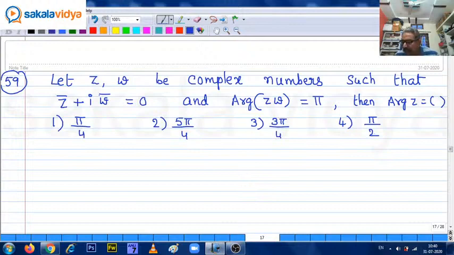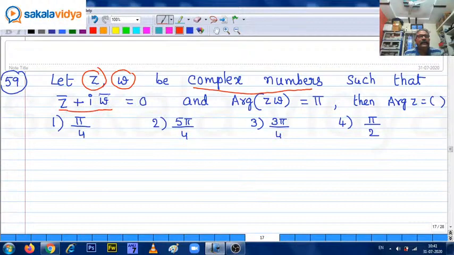Okay. Anybody, what is the answer? What is the 59th answer? Anybody try? Z, omega are complex numbers. Here omega is not the cube root of unity. Omega is any complex number just like Z. It may be x plus iy, or a plus ib. Such that Z bar plus I omega bar equal to 0.